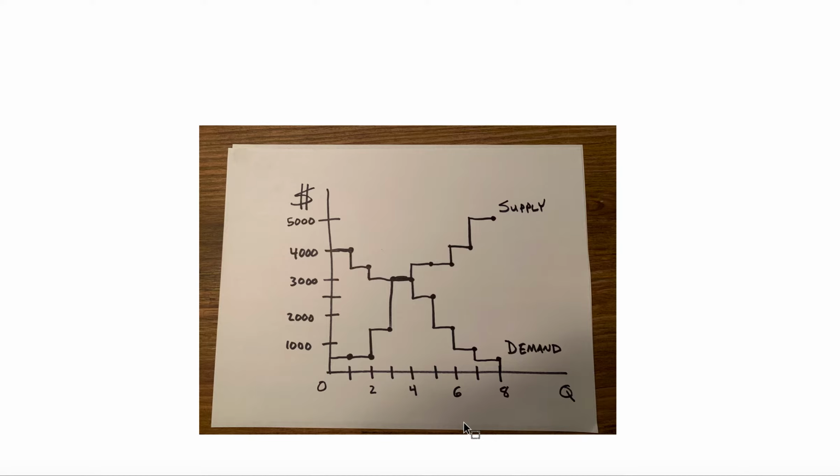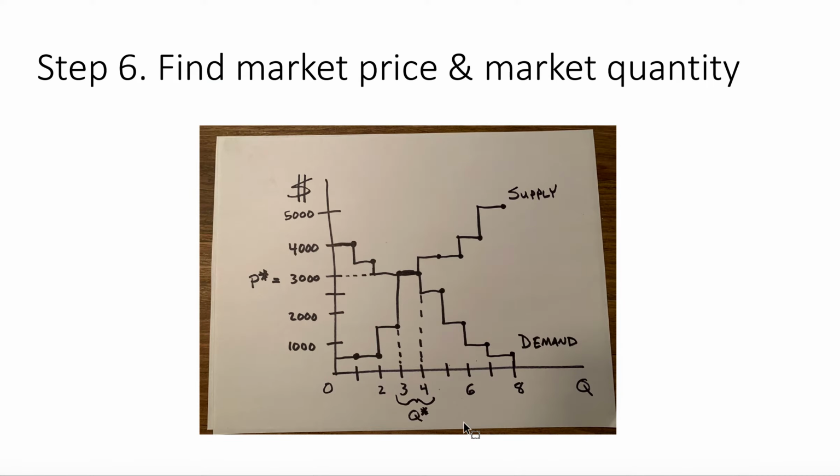Now, you can see that the way I've drawn it, when you calculate the market price and market quantity, it's where supply and demand intersect. So the price is going to be at 3,000, but the quantity is going to be 3 or 4.